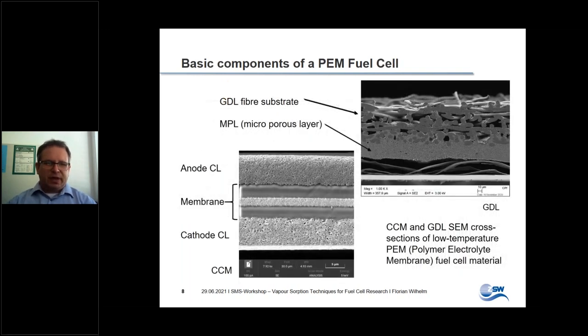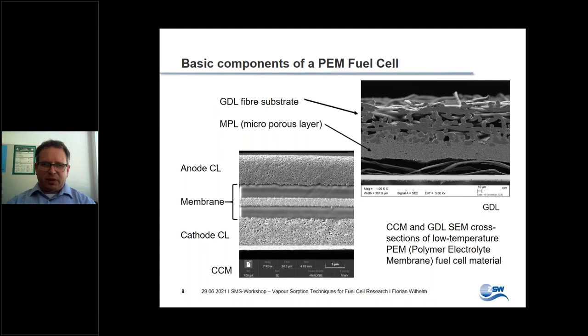The components, how do they look like? Here you can see a gas diffusion layer on the right side. It is usually made up out of 2 layers. One is the fiber substrate you can see on top in the SEM picture, and one is the so-called microporous layer you can see below the fibers. Microporous layer is actually not completely correct. These are not micropores. They are rather in the range of, let's say, 15 nanometers, around that is the maximum of the pore radius distribution.